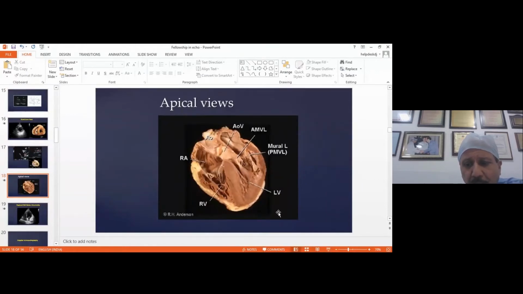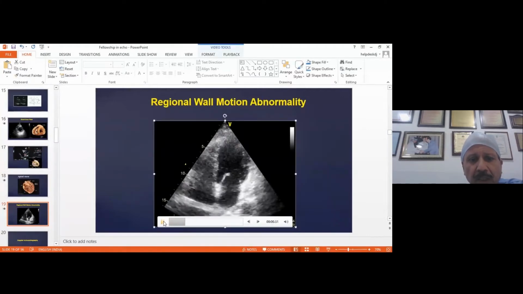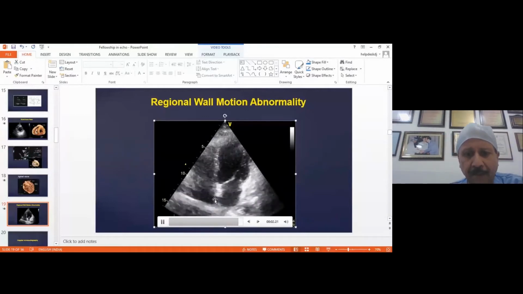These are the apical views. You can see very clearly aorta, RA, RV, whatever you are seeing, the same things you can see in the apical four chamber view of a patient while the patient is comfortably lying. You can see the LV cavity, you can see the mitral valve, you can see the left atrium, the right ventricle, the right atrium, and the interventricular septum.